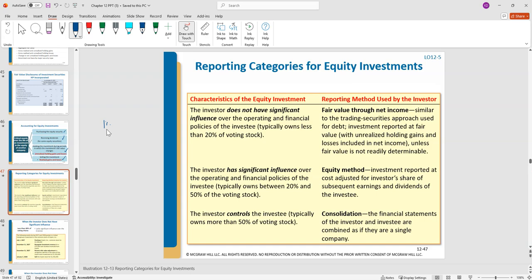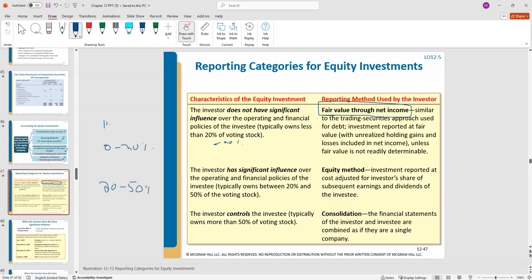In other words, if you own less than 20%, we will use this fair value through net income method. It'll be very similar to the trading securities approach. So 0 to 20%.